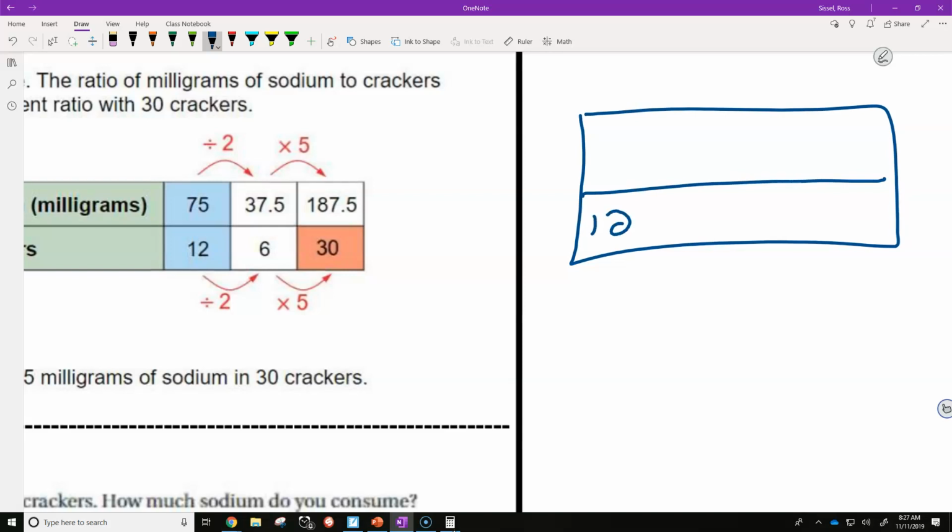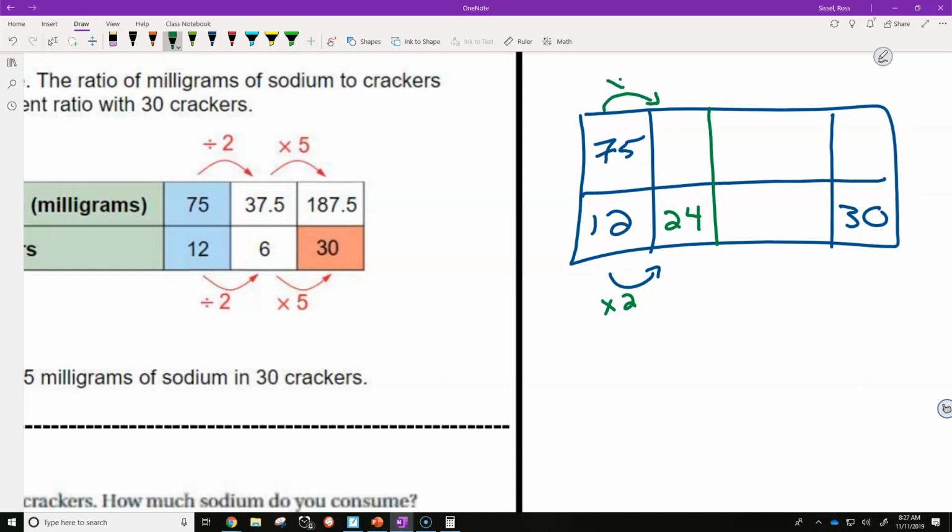All right, if I had 12 here, 75 here, remember my goal was to get to 30. What if I would have times by 2? That'd give me 24. Times by 2 would give me 150. But then what if I would have done 12 divided by 2?